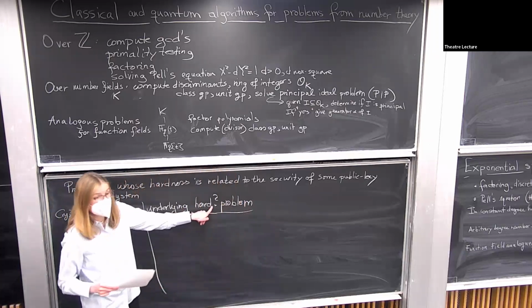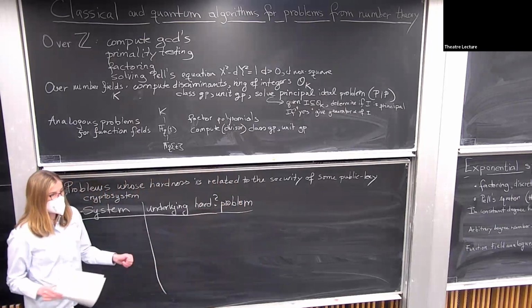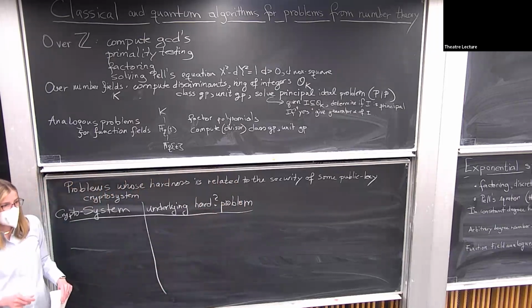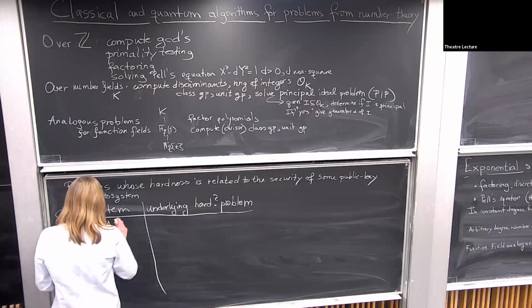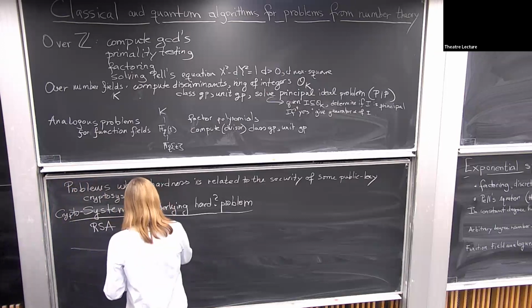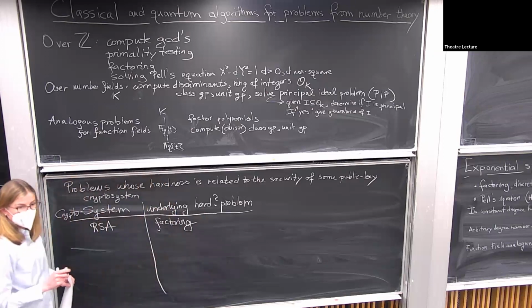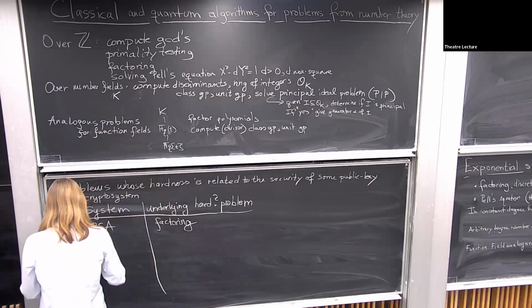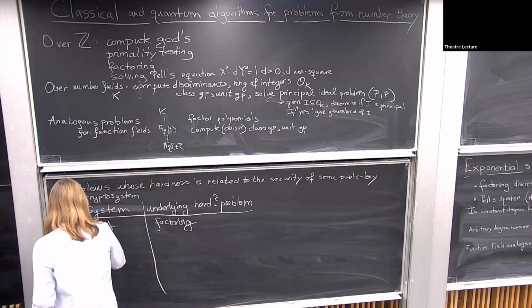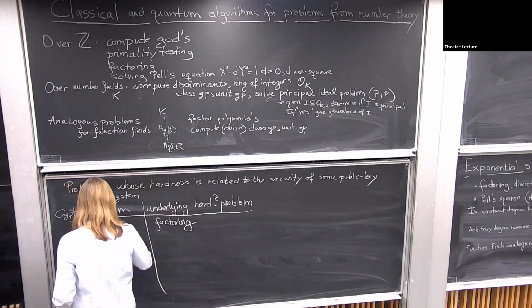The word hard needs a question mark because there is still a lot of movement in the area. So we have RSA, where the related problem is factoring. If you can factor integers, then you can break RSA. The other way around is not clear. Then you have elliptic curve cryptography.